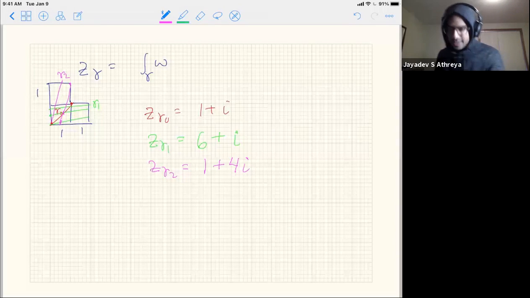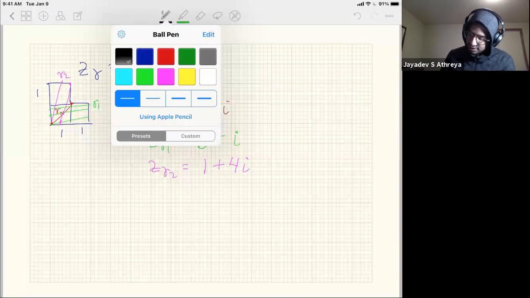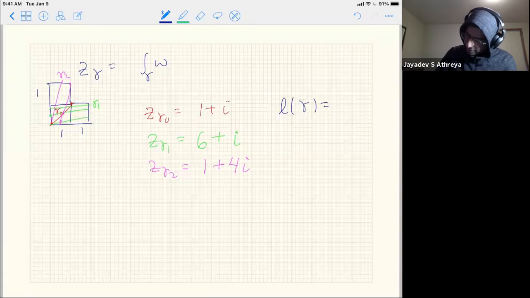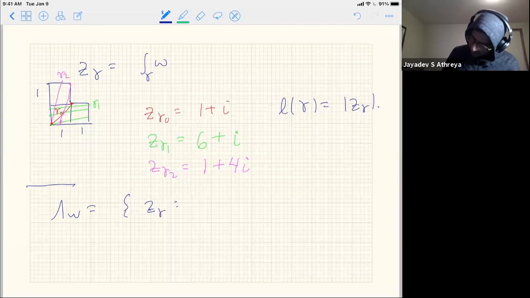This is how you build the holonomy vectors. And notice the length of the holonomy vector is the length of the saddle connection. That is, the length of gamma is just the absolute value of z gamma. In some sense, that's almost a definition. And then we define lambda omega to be the set of z gamma, gamma a saddle connection on X omega. This is a subset of C.